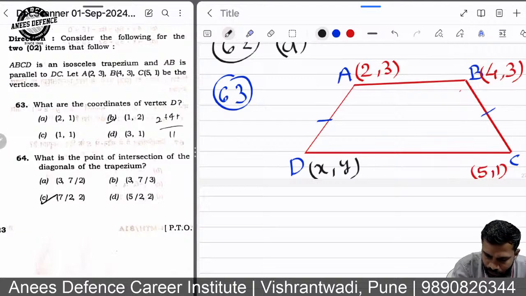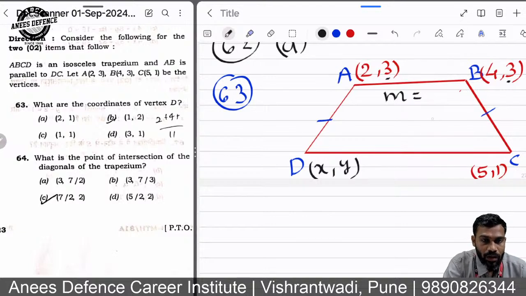See, first of all, there can be two things. We can find out the equation of DC. How? See, the slope of AB we can easily find out, right? So m will be y2 minus y1 over x2 minus x1. So if you see here, we have got y2 and y1 both equal. So what does it mean?